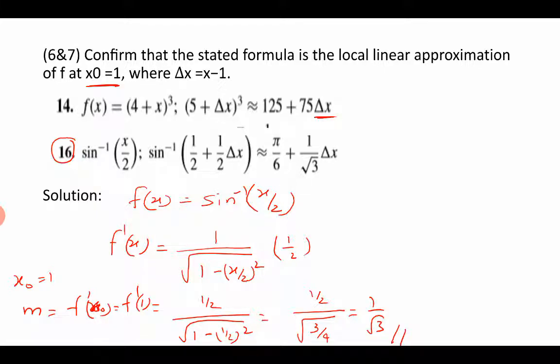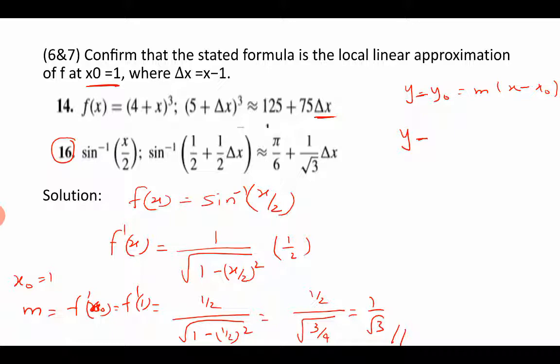Now the formula for this local linear approximation is the tangent line: y minus y0 equals m times (x minus x0), right? y is the given function, and y0, substitute. What is y0?